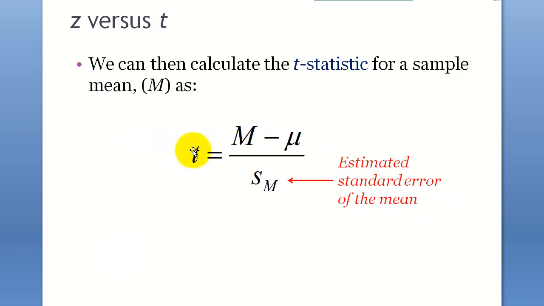And t-test is just like a z-test, but because we don't know the standard error of the population, we have to use an estimate of the standard error of the mean.